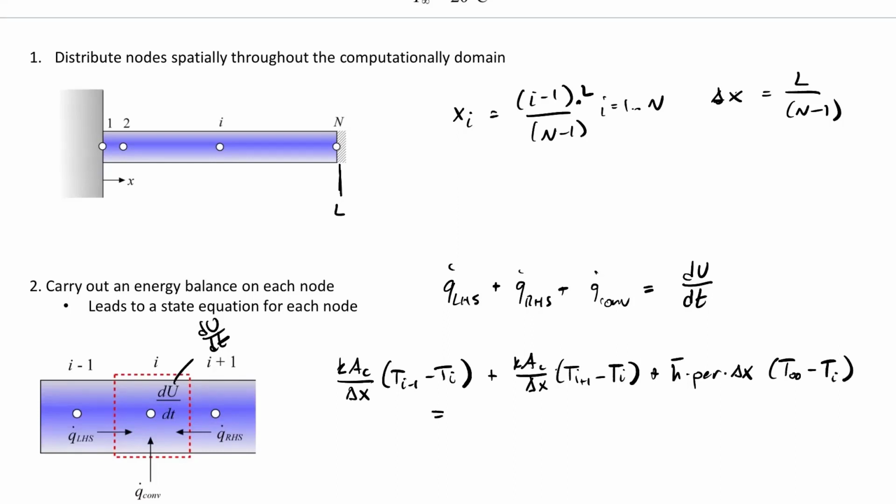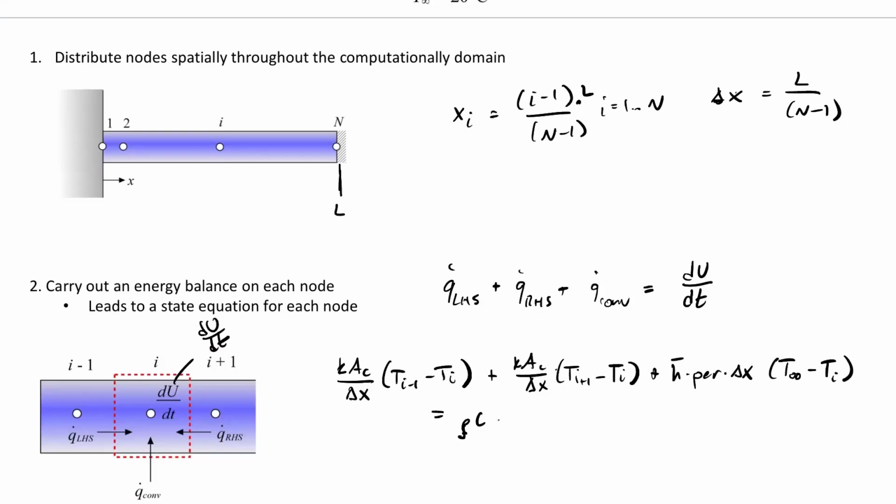So du dt now, what's my internal energy component of this? Right? We have density, rho times C times the volume. So what's the volume of my node? The volume of the node is the cross-sectional area times the thickness of the node, right? Not of the fin or anything.